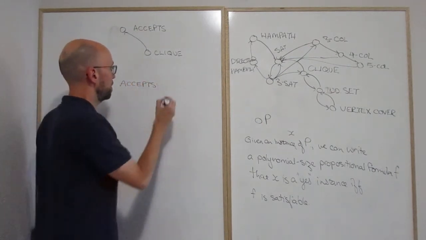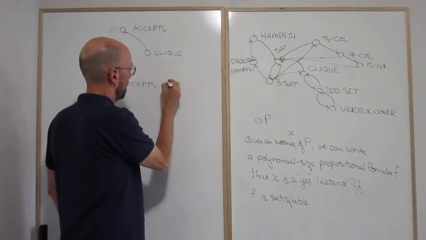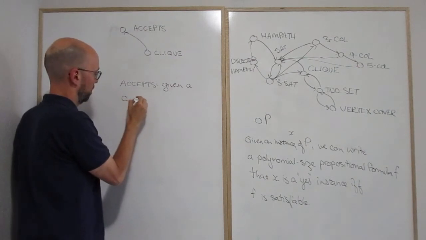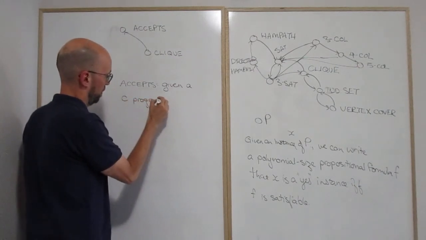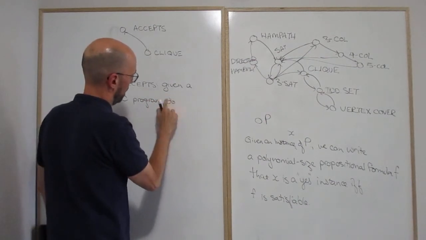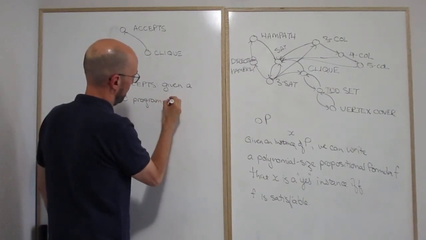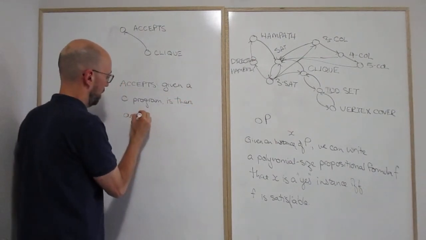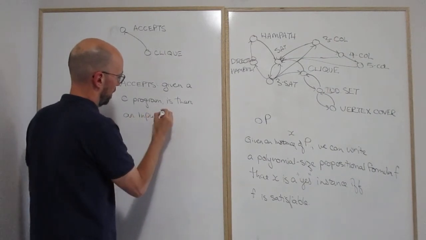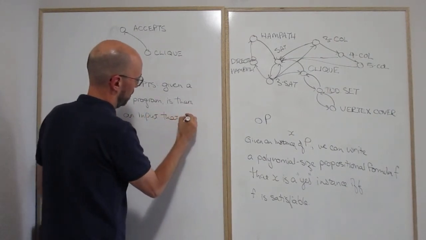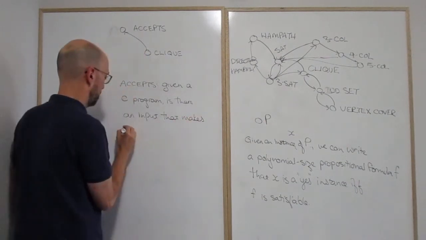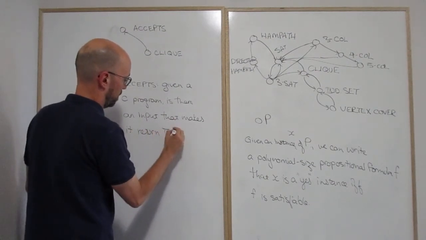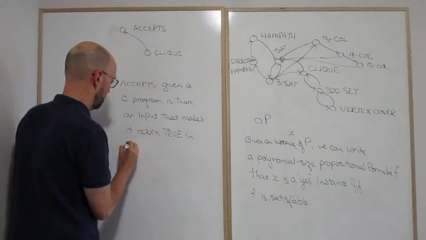Let's say given a C program, is there an input that makes it return true in polynomial time?